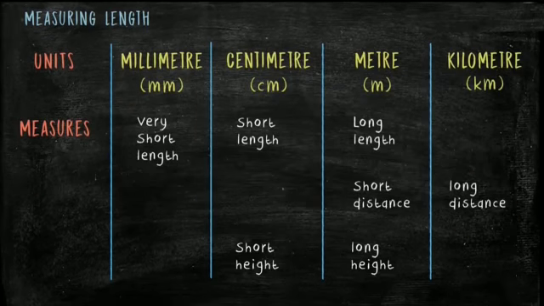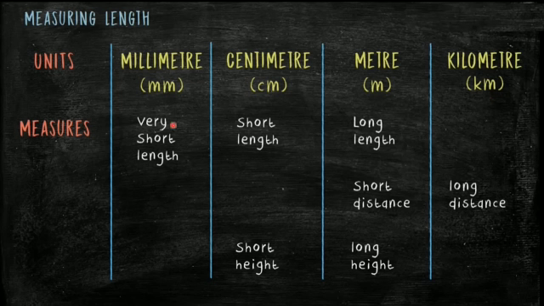Now let's see a quick revision. Whenever you are measuring length, you use 4 units: millimeter, which is denoted as mm, centimeter, denoted as cm, meter, denoted as m, and kilometer, denoted as km.